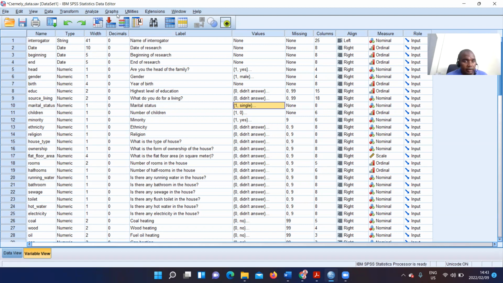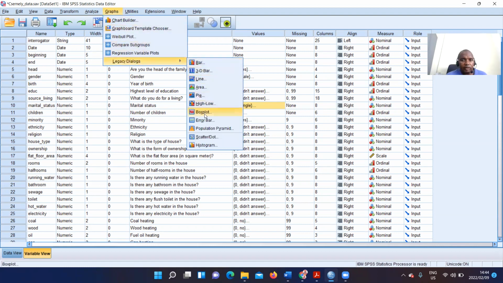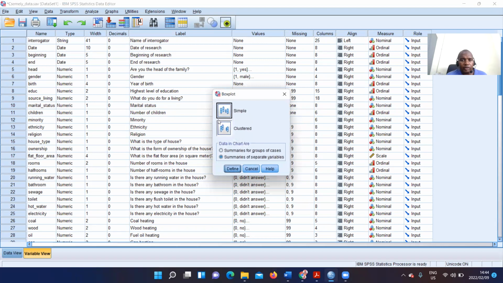So I go to graphs, legacy dialogues, box plot, simple.